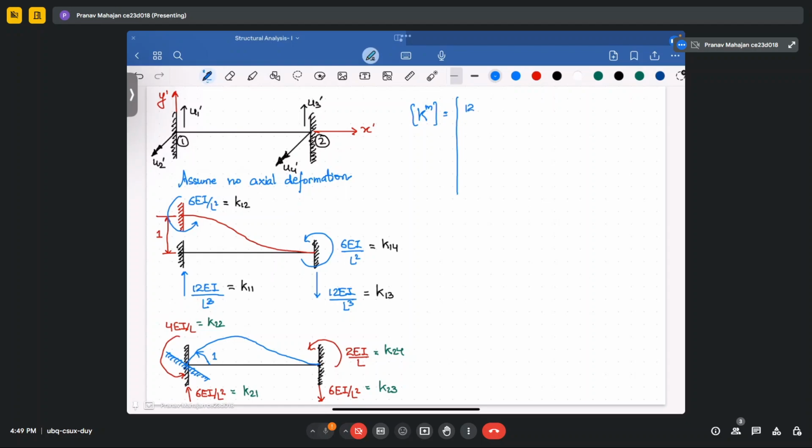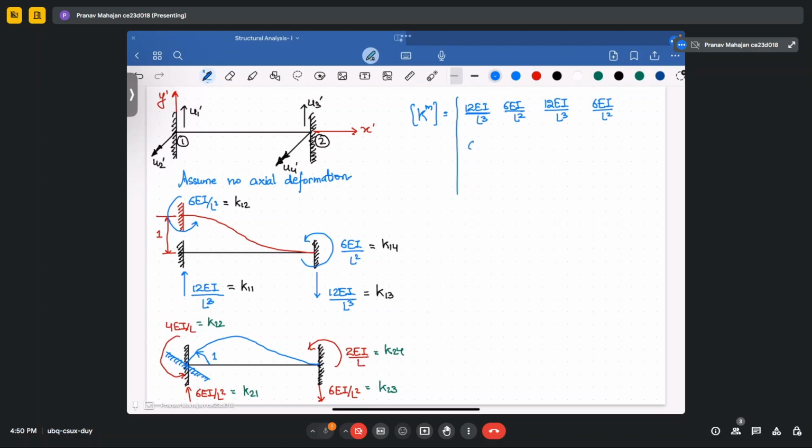The first row will be 12 EI upon L cube, then 6 EI upon L square, then 12 EI upon L cube, and again 6 EI upon L square.